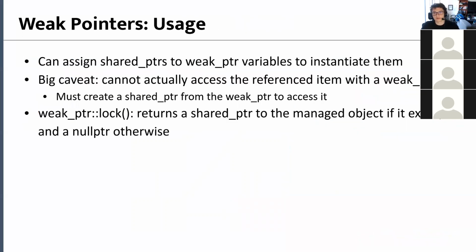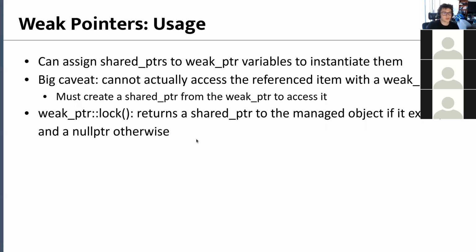Cool. So last few notes, you can use them pretty much like you can shared pointers, except you can't actually access the referenced item with a weak pointer. You must create a shared pointer from the weak pointer to access it. And weak pointer lock is the function you want to use to do this.